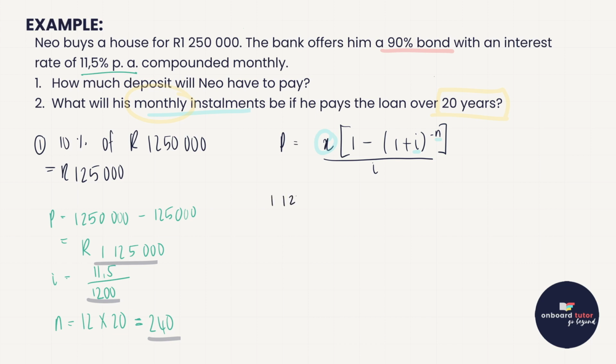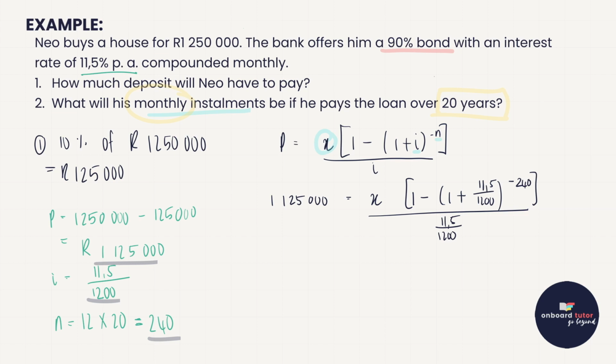So 1,125,000 is equal to X multiplied by 1 minus 1 plus the interest there. We said it was going to be 11.5 over 1,200 to the power of minus 240. And then all of that divided by the interest, 11.5 over 1,200.